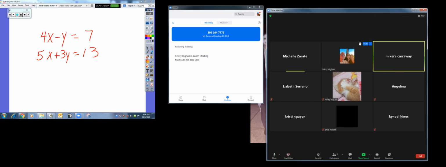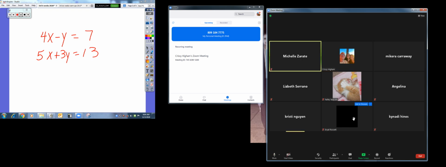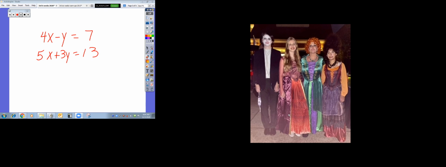No, I can't hear you, but I can hear. You can see the board, though? I can't see. Oh, it stopped screen sharing. Okay. Here we go. How about now? Can y'all see the board now? Loading. Well, yeah. Okay, here we go.